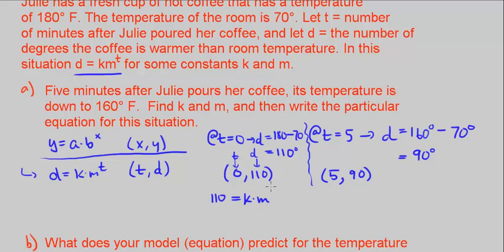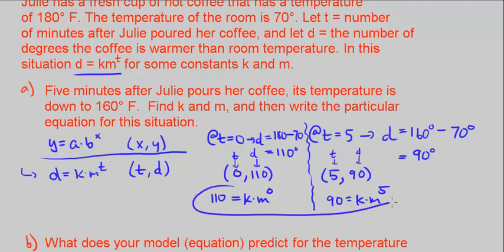T we know is 0. Likewise, let's plug this point in and get another equation. We get d, well, remember, this is t here, and this is d. So 90 is equal to K times m to the power of t, which is 5.